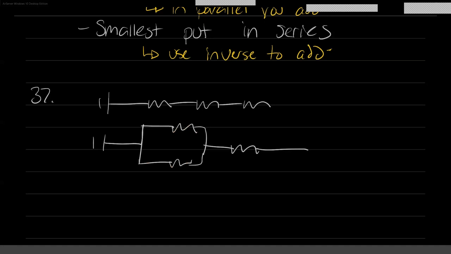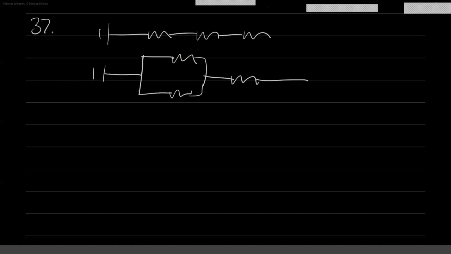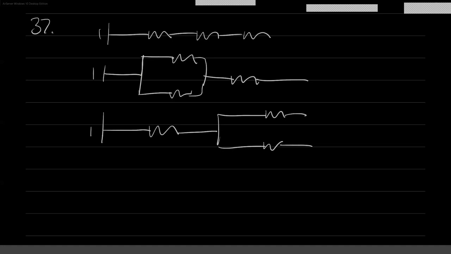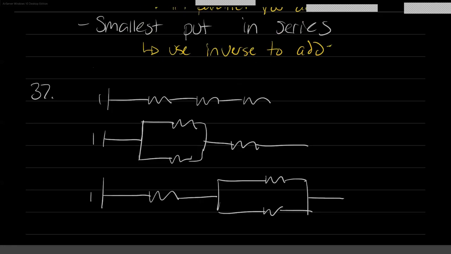And then maybe you could have kind of like the other 2. Right, so if we put values to these, so this is 1, 2, 3, let's say, ohms.